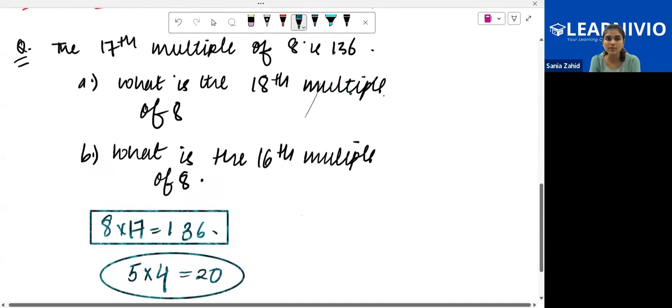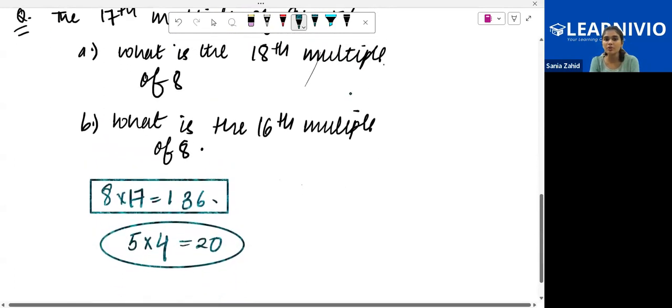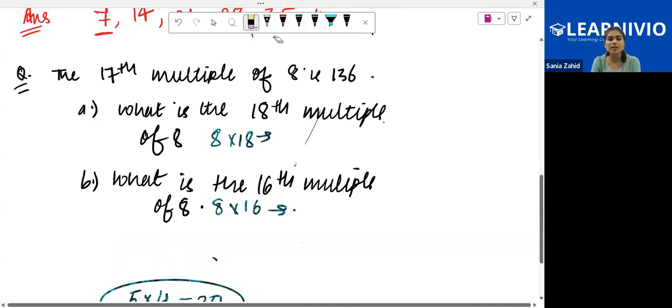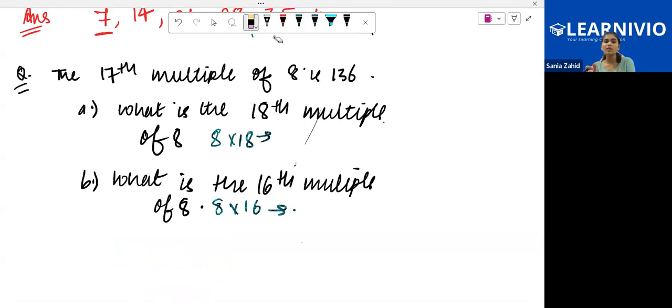Okay, so now it's given that the 17th multiple of 8 is 136, what is the 18th multiple? You have to simply multiply 8 with 18. And what is the 16th multiple? You have to multiply 8 with 16. Simple. But you can also do it by one more method. Here you have been given the 17th multiple and you've been asked the 18th and the 16th.